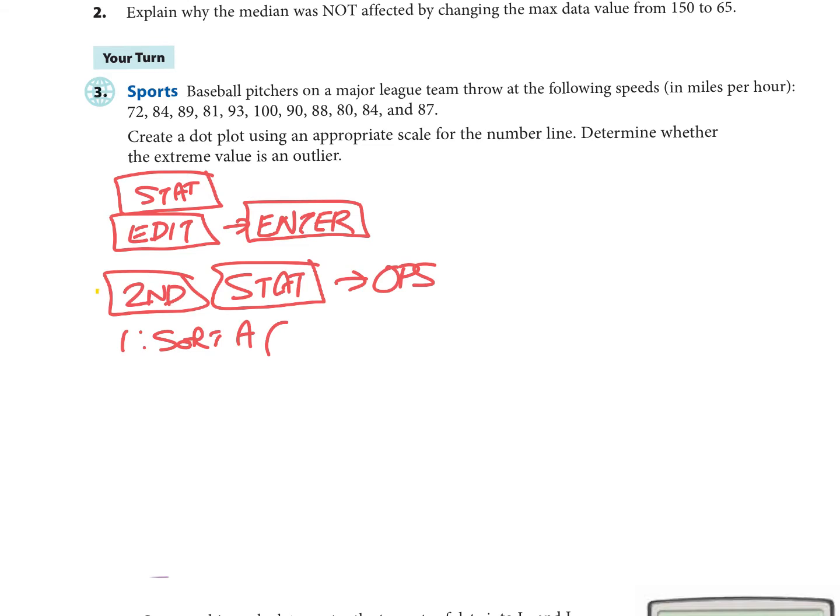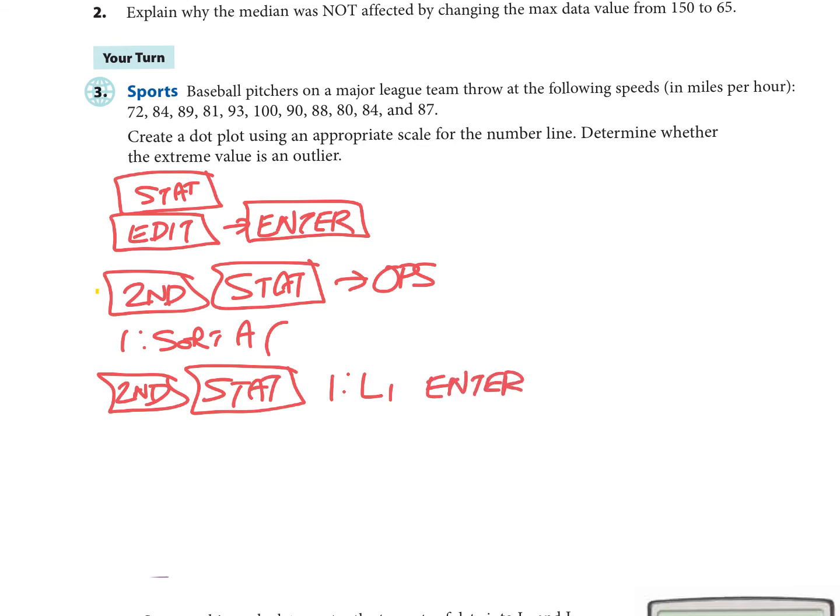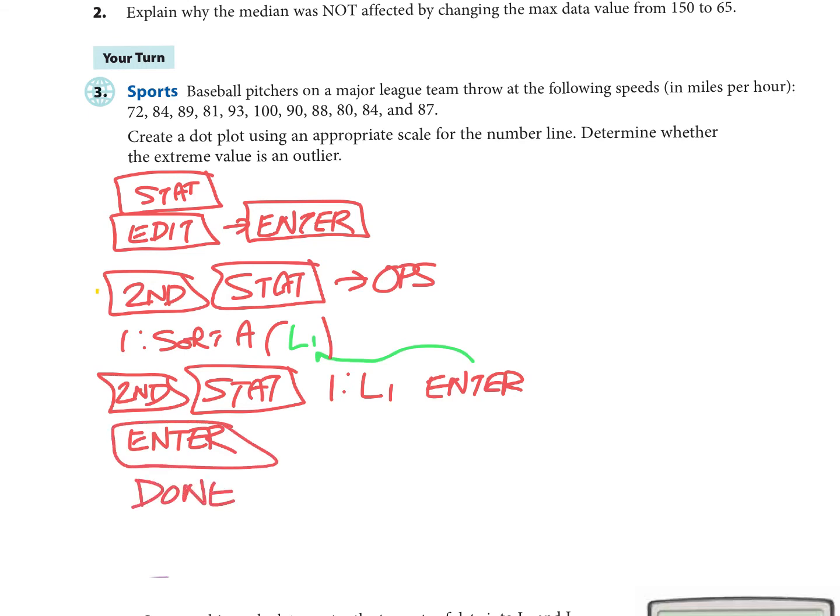So we do second again, Stat button again, and then we want number 1, L1. We're going to press Enter. That is going to put L1 right here. Then press Enter again, and it's going to say Done. And that means it's put it in order in there.